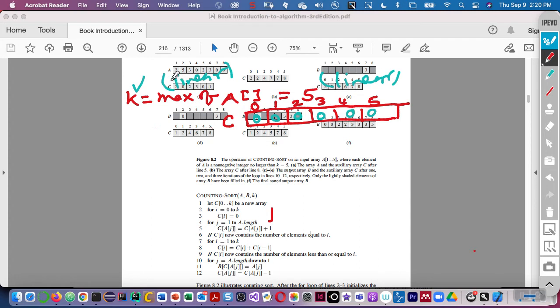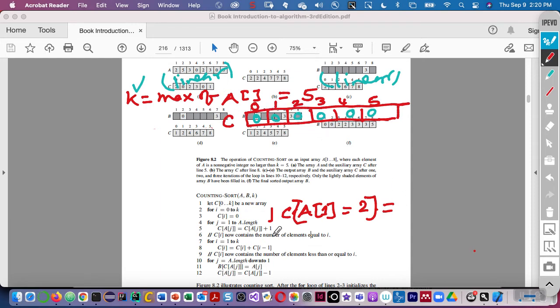If j equal to 1, so if I go with this code at j equal to 1, what is A[1]? A[1] equal to 2, right? Then C of 2, initially it is 0, right?